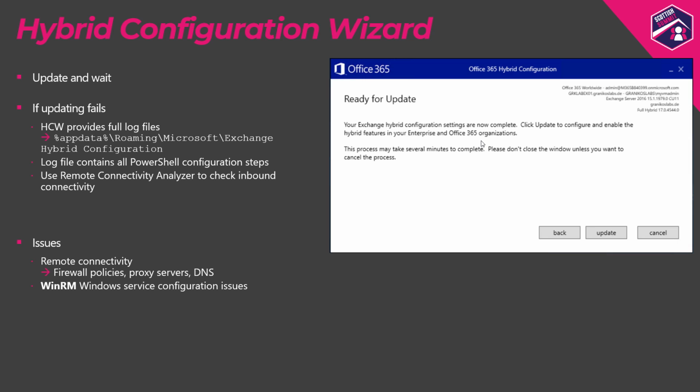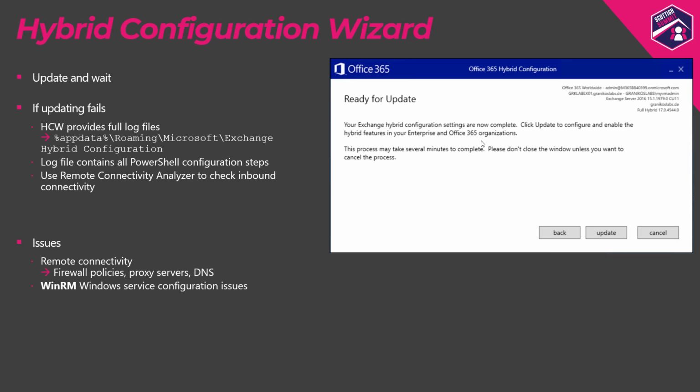Again, the first step for checking if your inbound connections are good and configured correctly is the remote connectivity analyzer, which is the Swiss Army knife for your Exchange configuration.